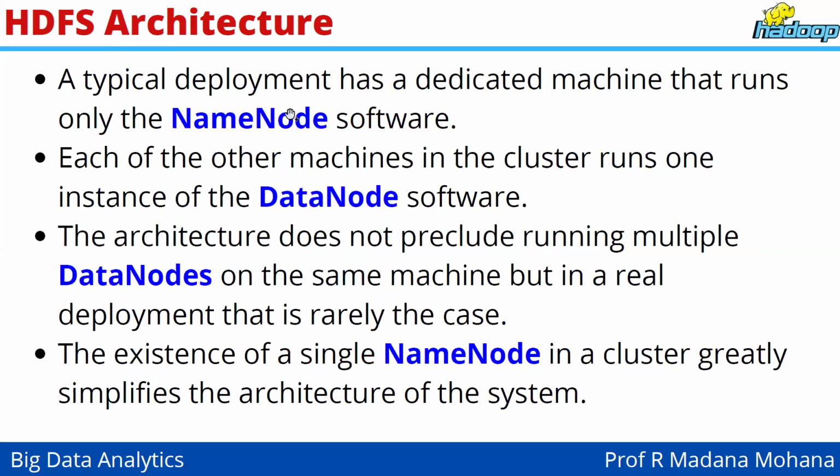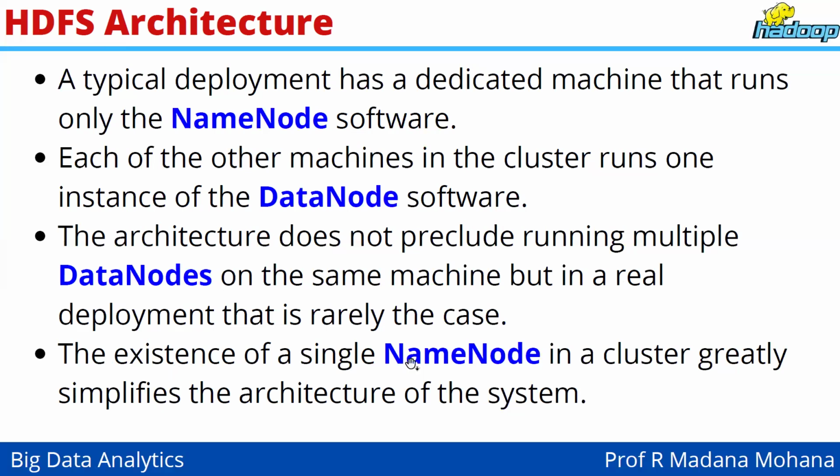A typical deployment has a dedicated machine that runs only the name node software. Each of the other machines in the cluster runs one instance of the data node software. The architecture does not preclude running multiple data nodes on the same machine, but in a real deployment that is rarely the case.